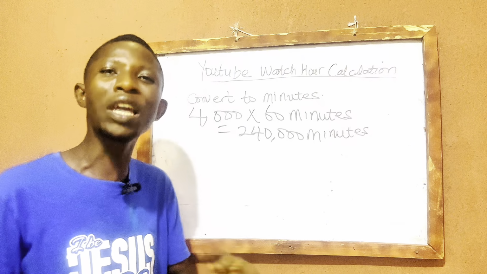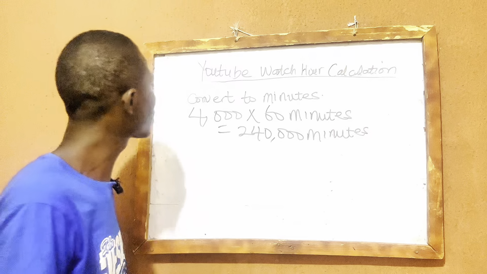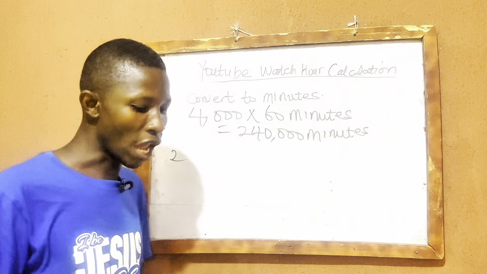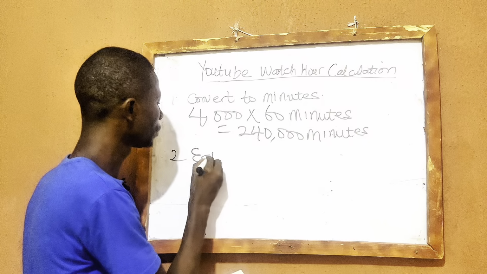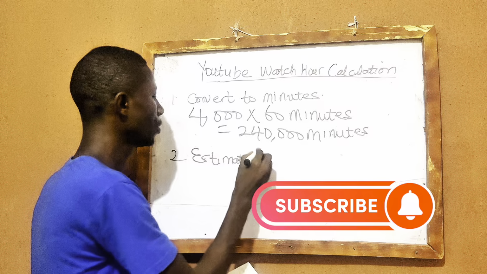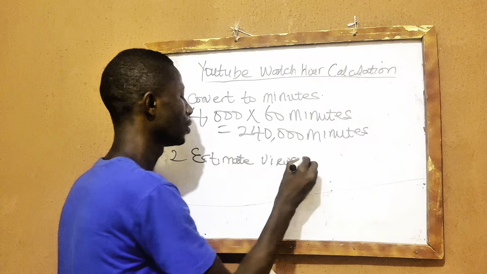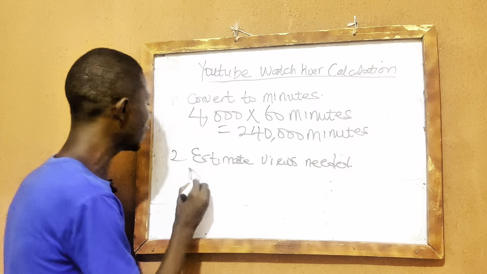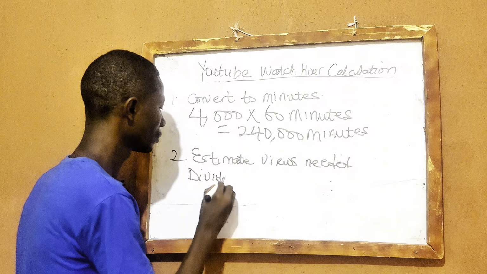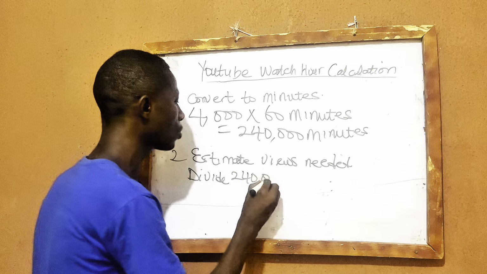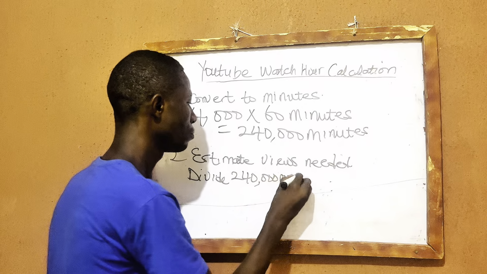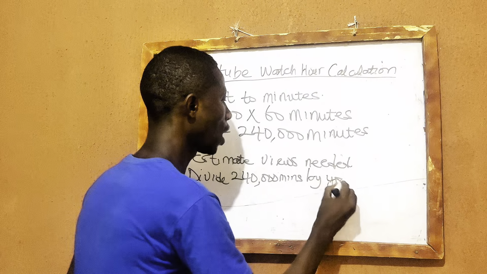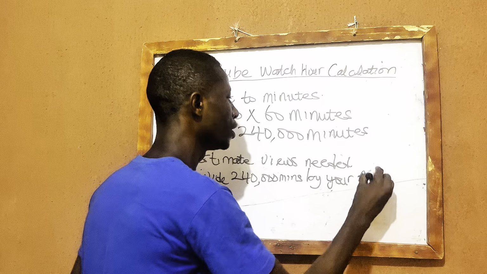Once you have the 240,000 minutes that YouTube requests from every YouTuber, the second thing we're going to do is estimate the views needed. You divide the 240,000 minutes by your AVD.